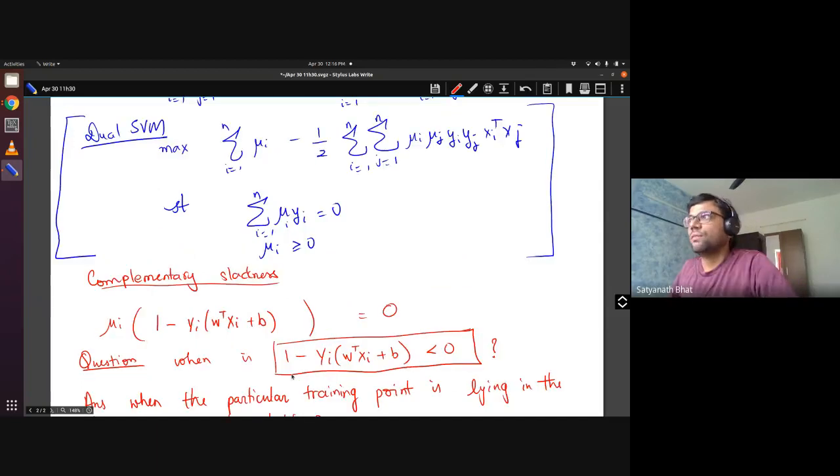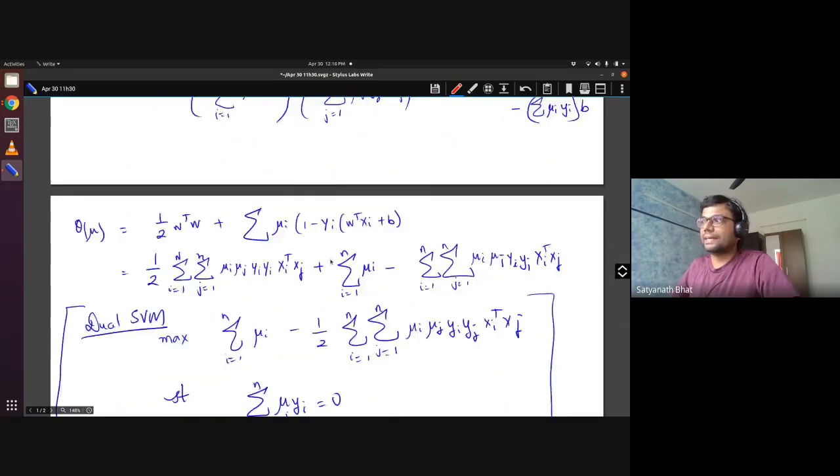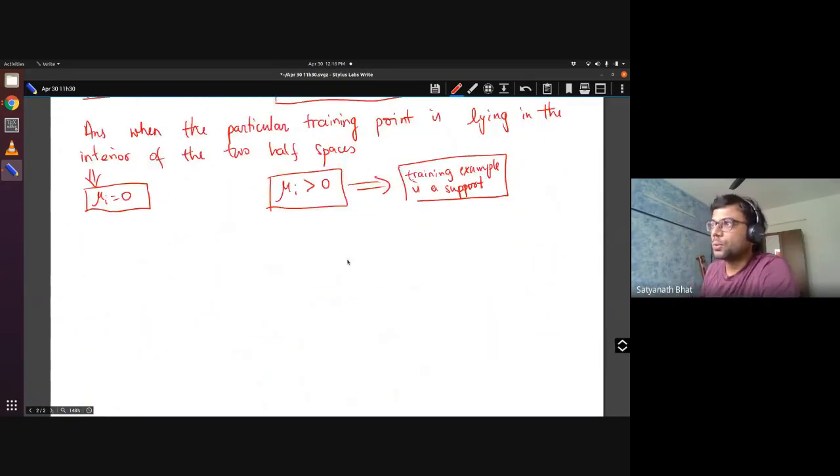And now we come to a very interesting thing. We know that w is equal to summation mu i yi xi, right? So in the optimal solution, when mu star you have achieved, because of this condition, this has to be always true.